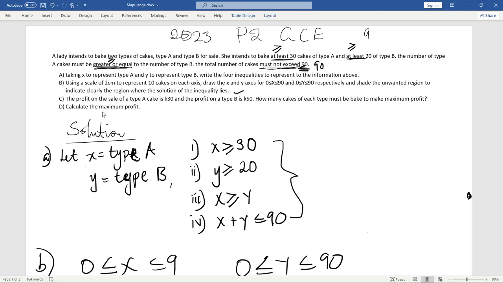So now C here reads: the profit for cake type A is 30 and the profit on type B is 50. How many cakes of each type must be baked to make a maximum profit?